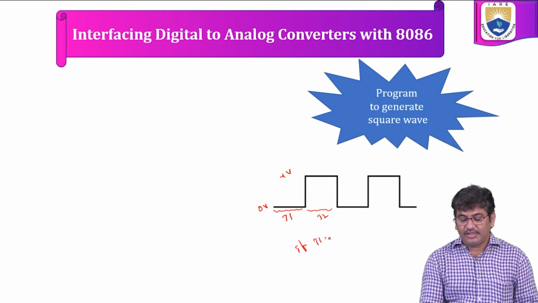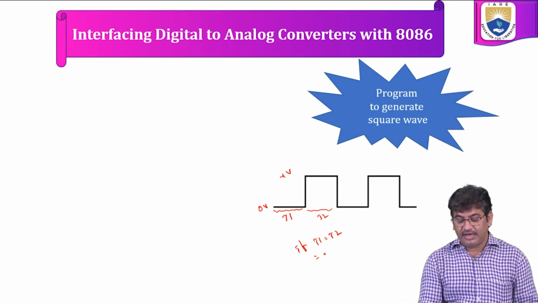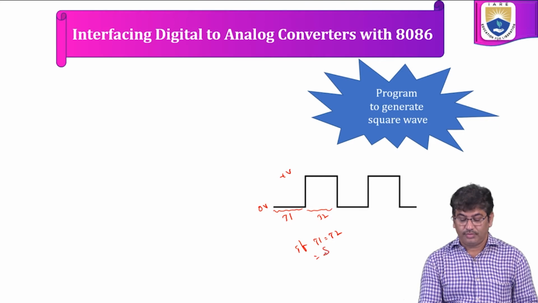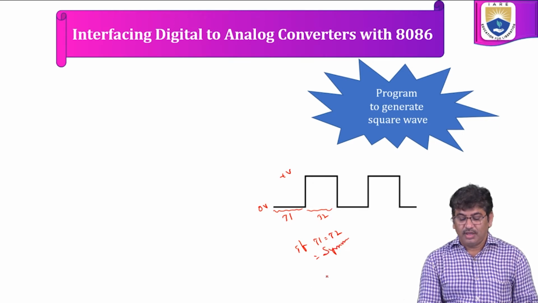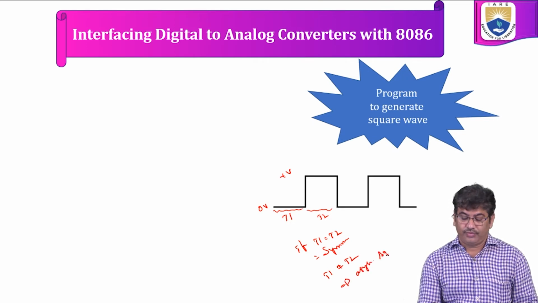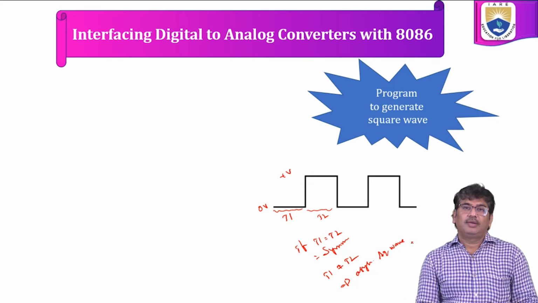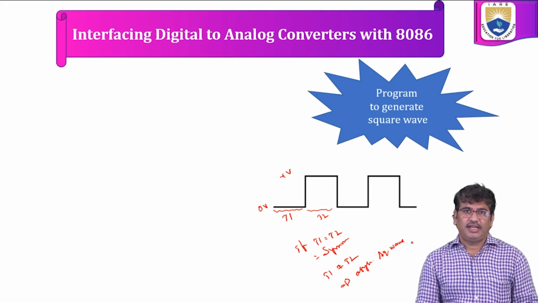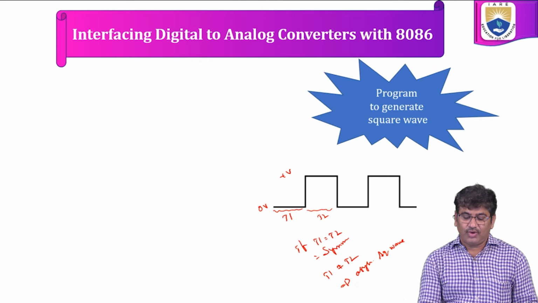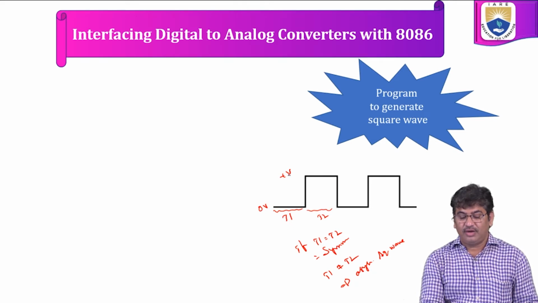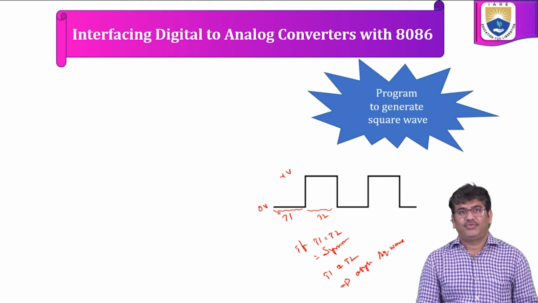If T1 is equal to T2, we get a symmetric square wave. If T1 is not equal to T2, we get an asymmetric square wave. So depending on whether we want a symmetric or asymmetric waveform, we pass 0 voltage for T1 amount of time and plus 5 volts for T2 amount of time.